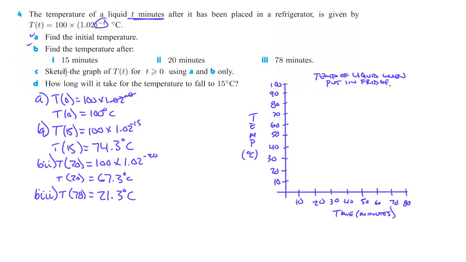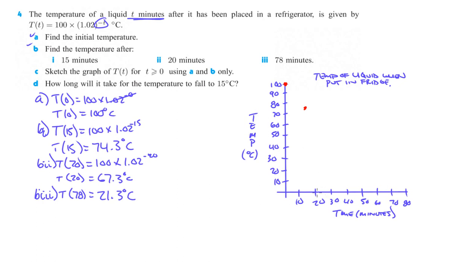Okay, so let's graph these points that we have. At 0 minutes we were at 100. So let's do this maybe in a different color so it's easier to see. At 15, the temperature was 74.3. So that's about right here.